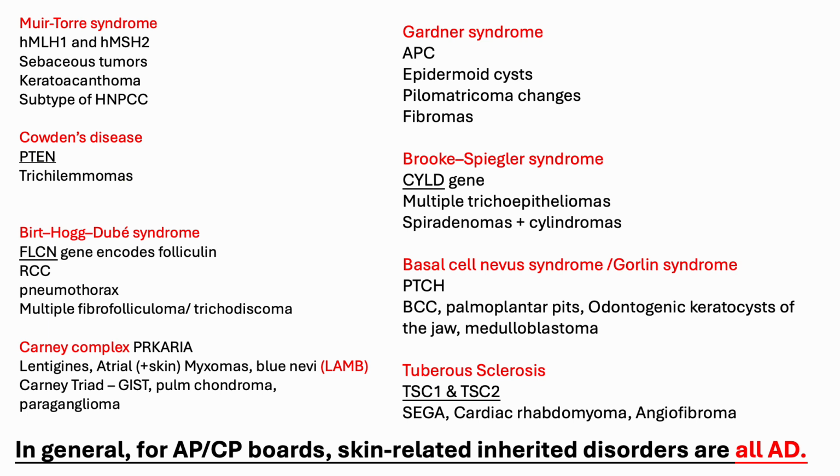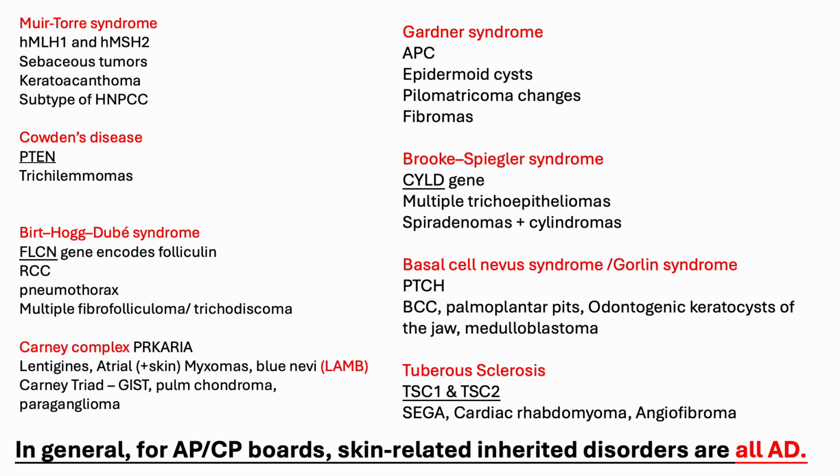And the second one is the PTEN related disorder called Cowden syndrome or Cowden disease. So people remember this as how do cows say? The cow will say moo. So remember the trichilemmoma is the Cowden's disease. The third one is the Birt-Hogg-Dubé. It's super important in the skin path.